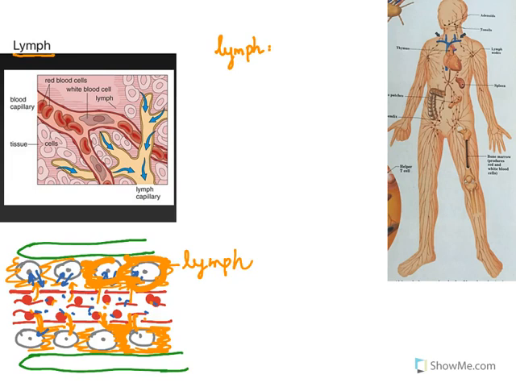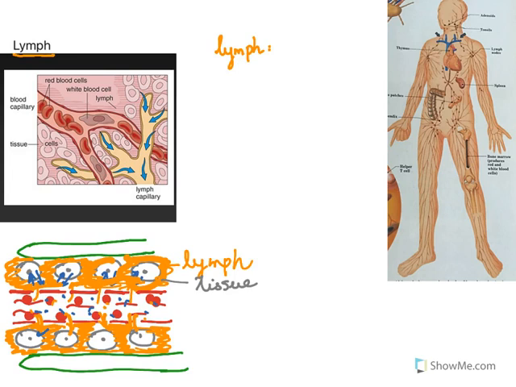Here we have the tissue and the cells. This lymph would start accumulating in a large amount, and that organ would start swelling because there would be no place for it if this lymph continuously leaked out of the blood.